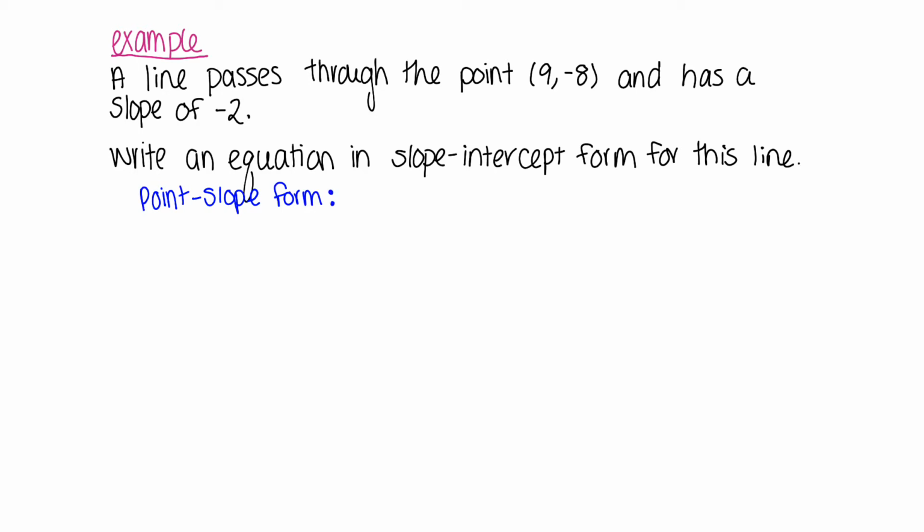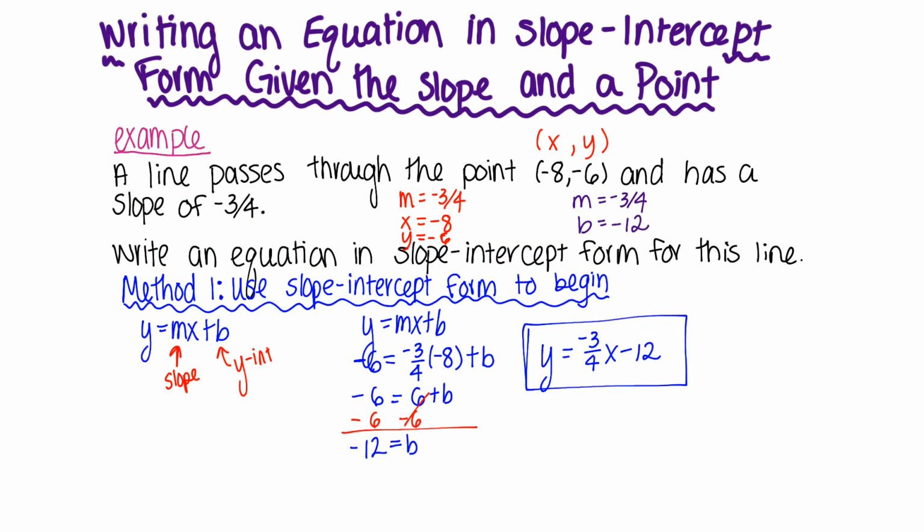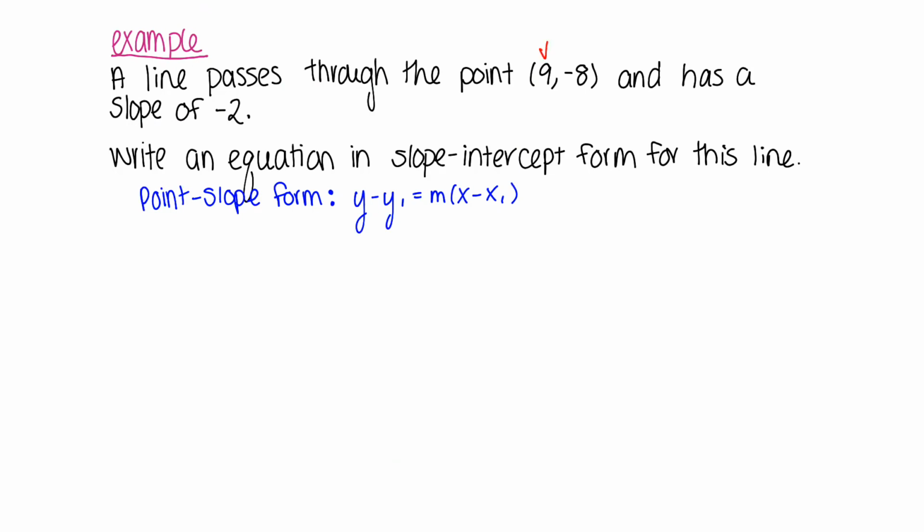Point slope form is y minus y1 equals m times x minus x1. Now this looks a little bit weird, but it's going to be okay. The point x1, y1 is the same as the point x, y from before. But instead of saying just regular x, we're going to call this x1, and this y1.